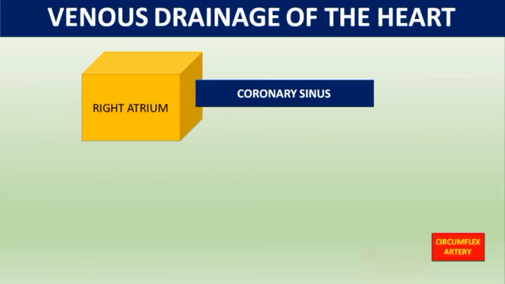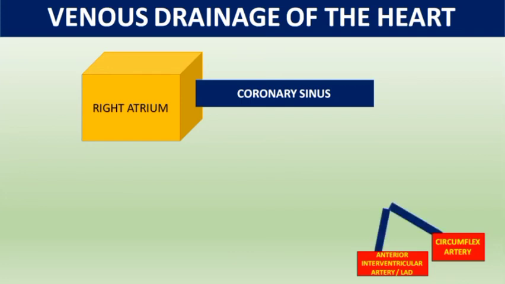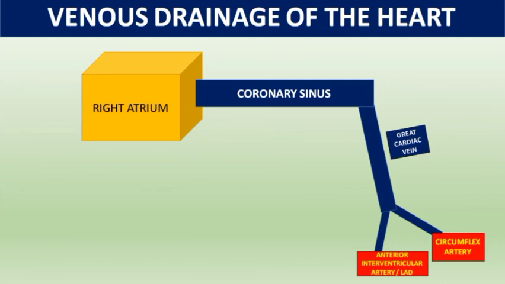The circumflex artery and the anterior interventricular artery give oxygenation to certain tissues in the heart, and those tissues are drained by the great cardiac vein to the coronary sinus. So circumflex artery and anterior interventricular artery are drained by the great cardiac vein.